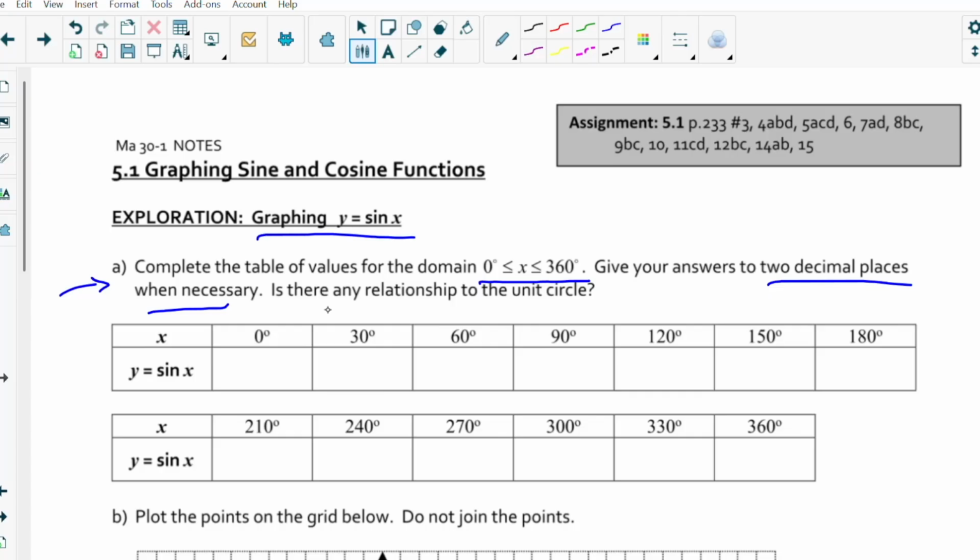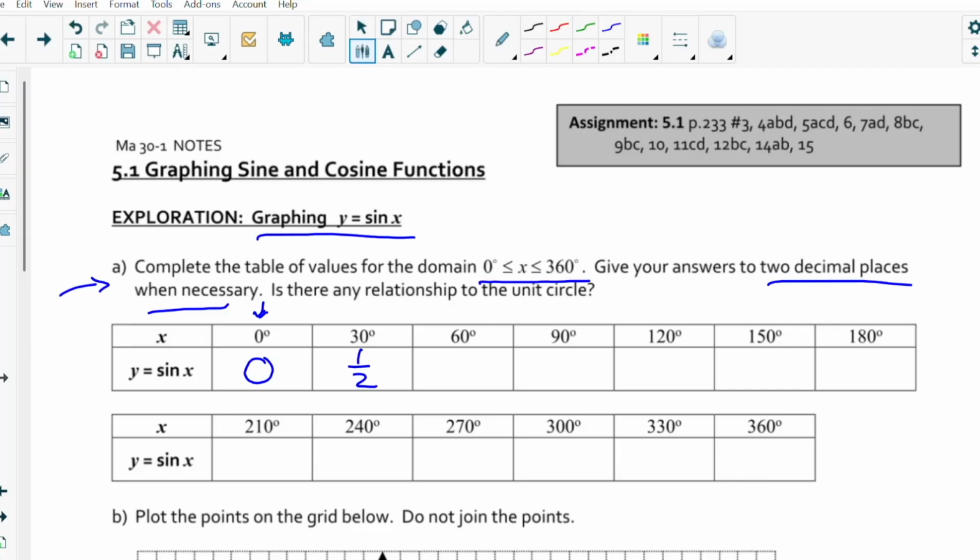Okay, is there any relationship to the unit circle? So y equals sine of x. If x is 0, sine of 0 is 0, so y is 0. So I have my coordinates 0 degrees, 0. When x is equal to 30, sine of 30 is 1/2.